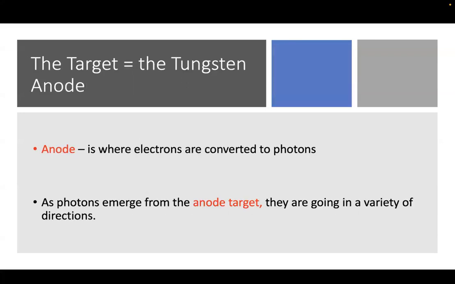So it's at the anode where those electrons, when they slam into the tungsten, are converted to photons. And as photons emerge from the anode, they're going in a variety of directions.